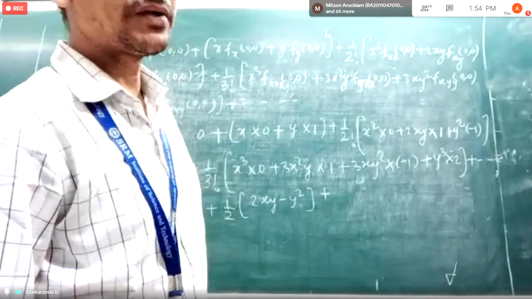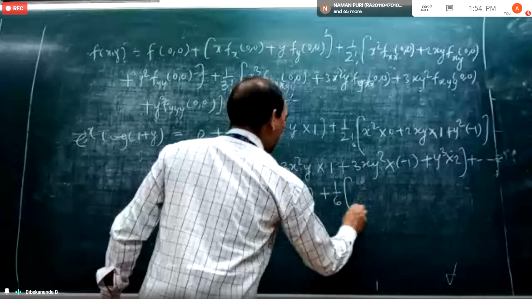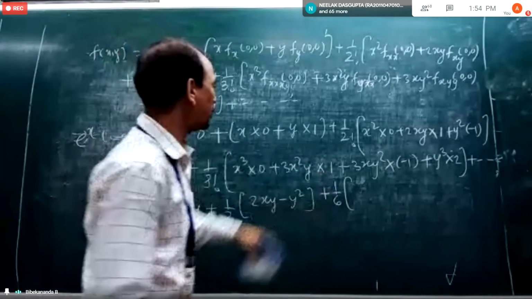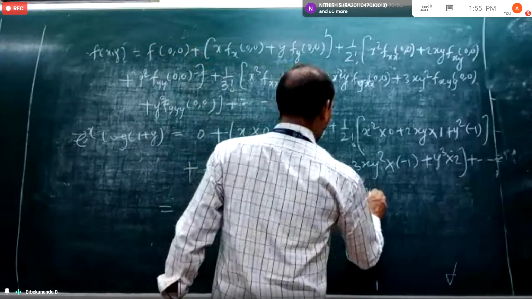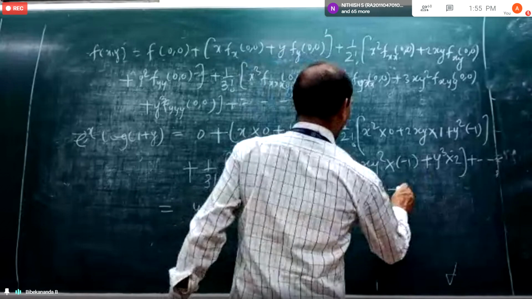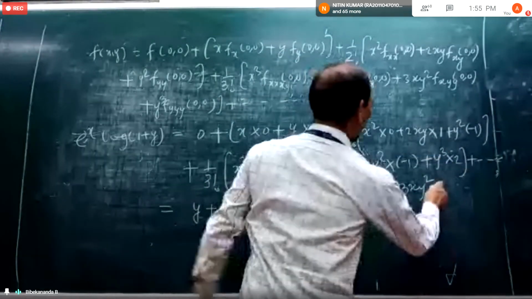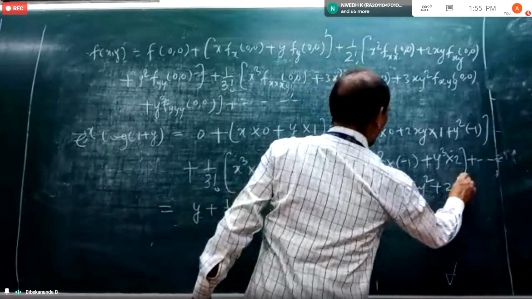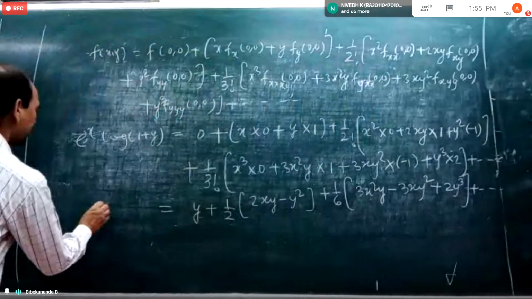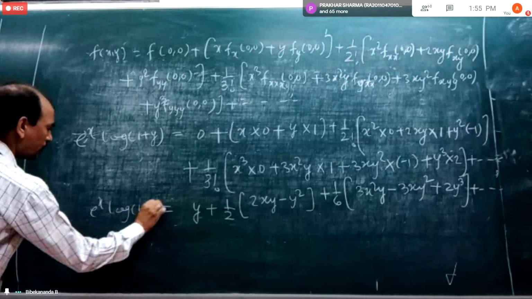Do you know the factorial? 6. So 1 by 6 into 0 into x cube, 3x square y into 1. So 3x square y and 3xy square into minus 1, minus 3xy square, and this one will be plus 2y cube, and so on. This is your answer, e to the power x log 1 plus y.